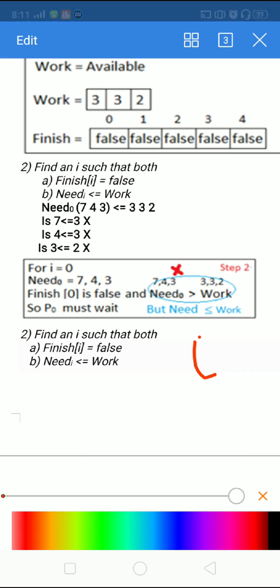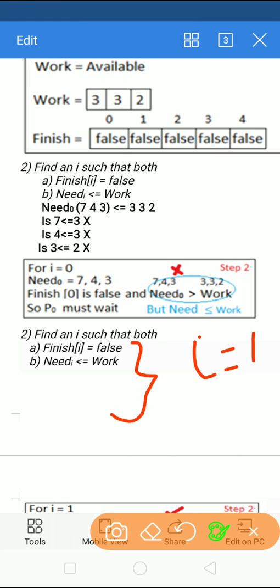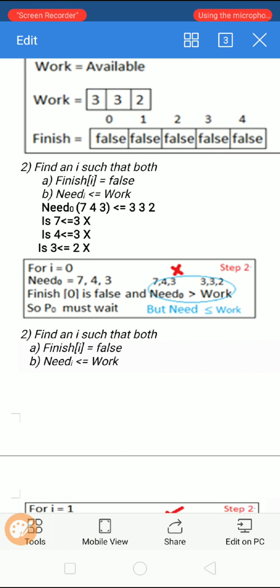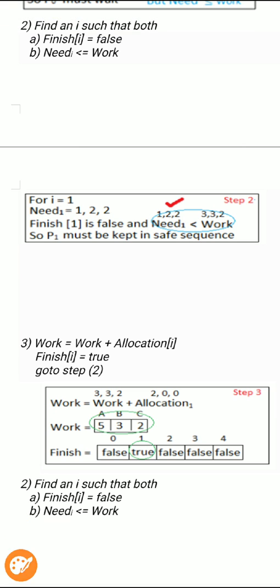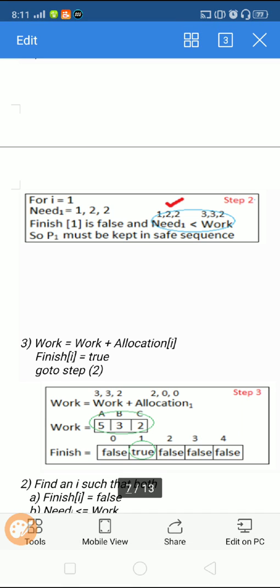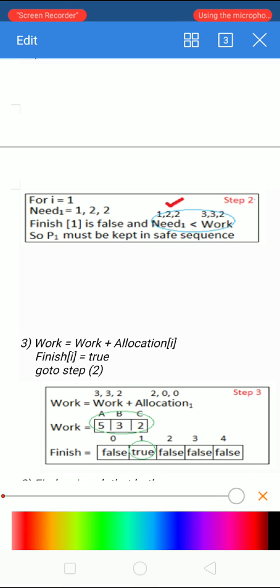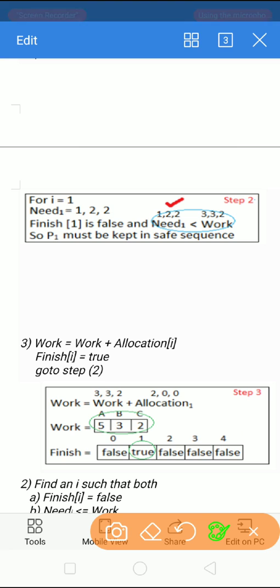I will be 1, and again we check whether these two conditions for process P1 are satisfied or not. Here the need of I is now less than or equal to work. So P1 will be taken into the safe sequence.